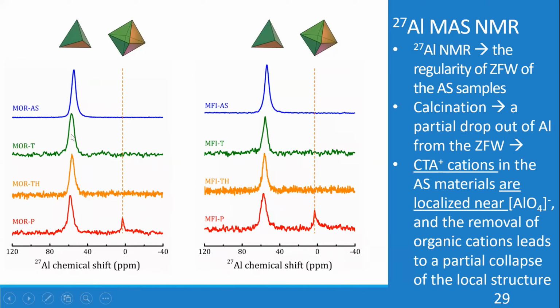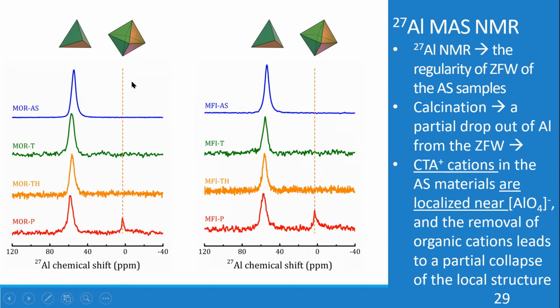The introduction of TEOS and its hydrolysis doesn't affect the aluminum much, it just results in a little broadening of the signal. But the calcination leads to the appearance of a new line here at about 0 ppm that corresponds to aluminum in octahedral sites.